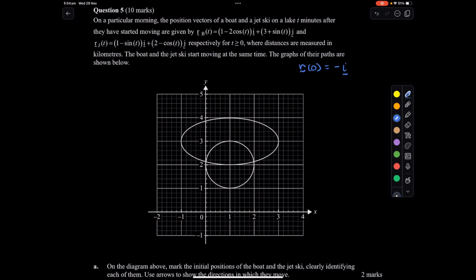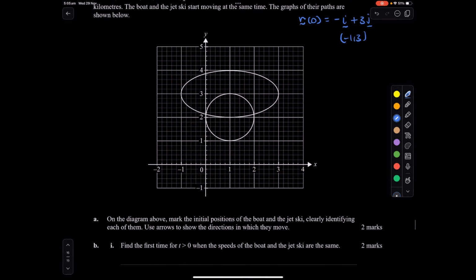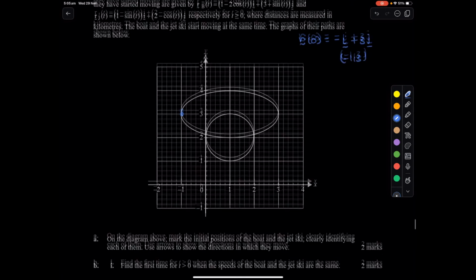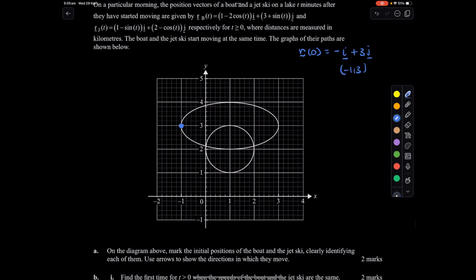And if I sub in 0 to sine, which is just 3 in this case, it'll be plus 3j. So our coordinate is negative 1, 3. Negative 1, 3 is this one over here, so this ellipse in this case is the boat. So we'll write it nicely as r of B, the boat.